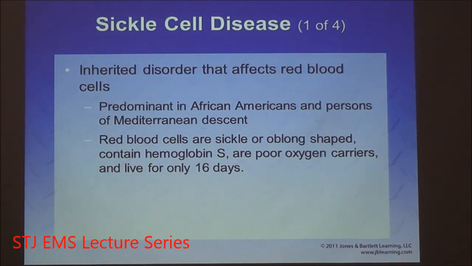The problem with these oblong-shaped red blood cells is that they get stuck in joints in small areas, and they're very poor oxygen carriers. They have a protein called hemoglobin S that does not seat 4 oxygen molecules. It might seat 1, at the very best 2 oxygen molecules. That's not good enough for cellular metabolism, and they'll show signs and symptoms of anemia.